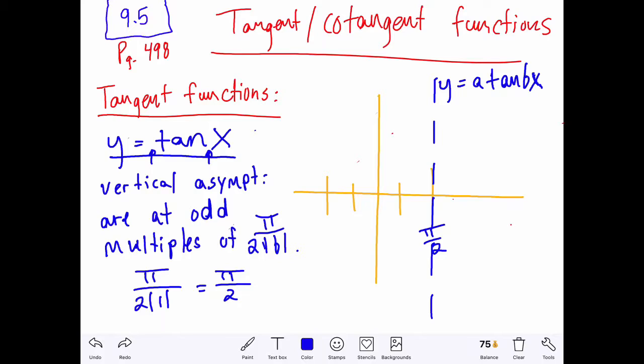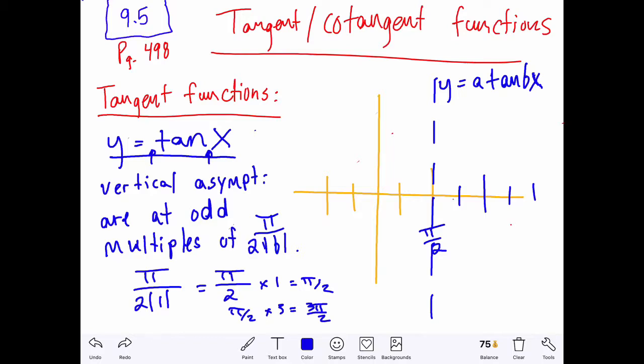And I also have a vertical asymptote at, say, an odd multiple of it. Well, pi halves times 1 is pi halves. We have that one. How about pi halves times 3? Well, 3 pi halves. And that really would be out here.